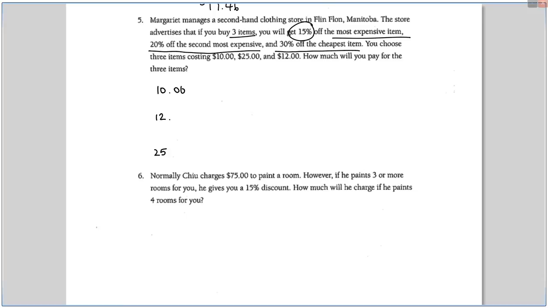So we have $10, $12, and $25. How much will you pay for the 3 items? So we need to find the discounts first. So for the cheapest item, you get 30% off. The second item, you get 20% off. And the most expensive item, you get 15% off.